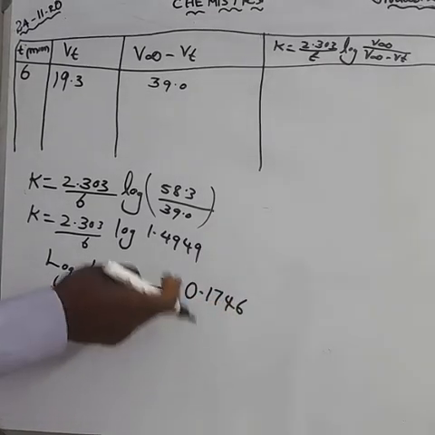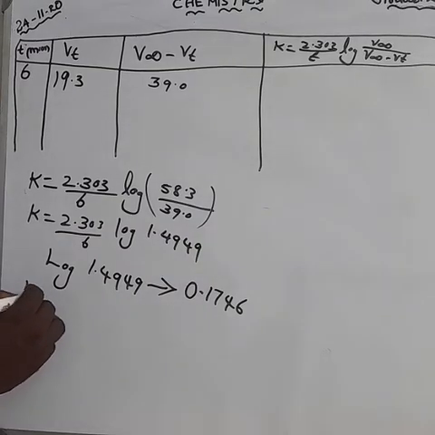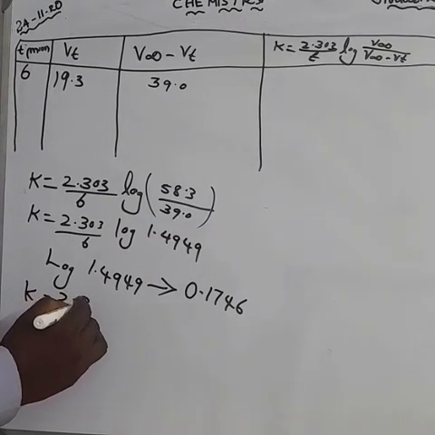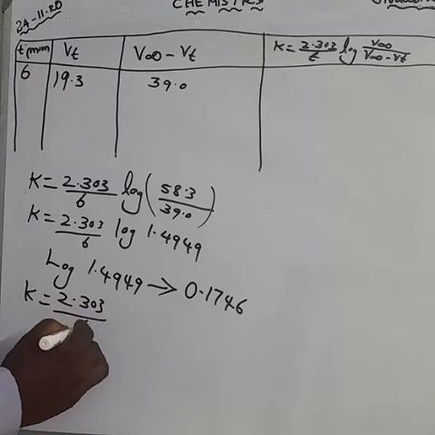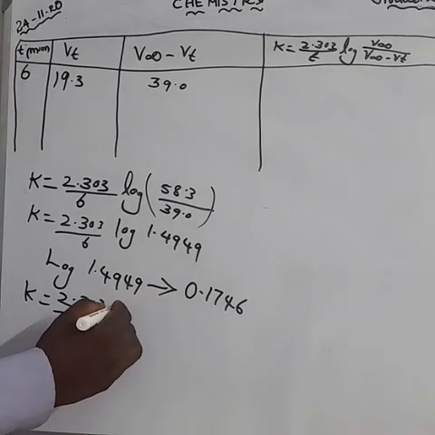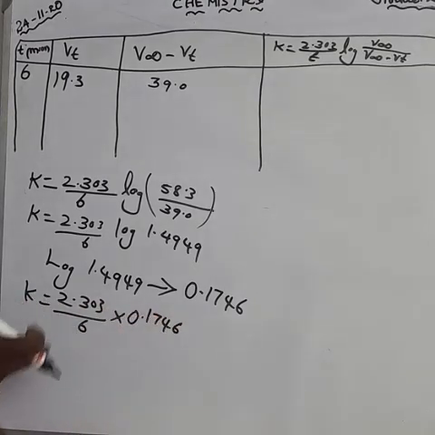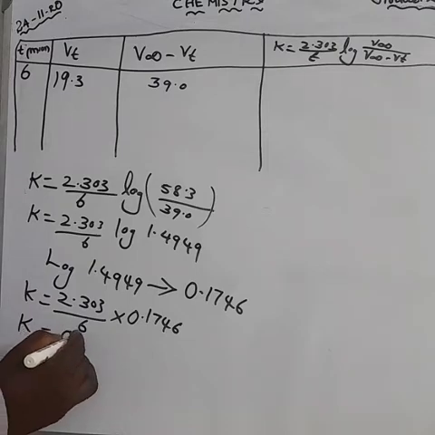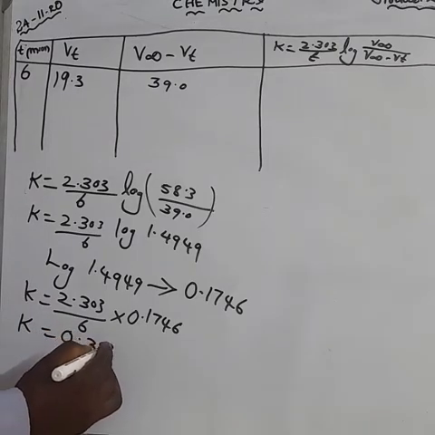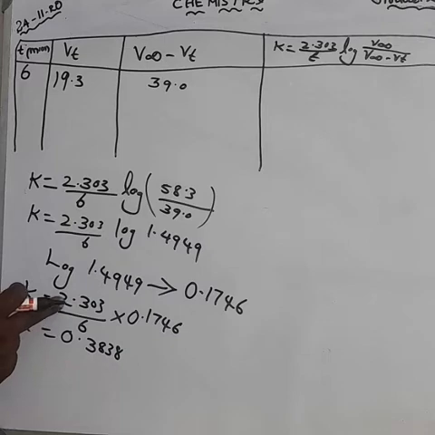When we substitute here, K is equal to 2.303 divided by 6 into the log value 0.1746. Again we divide: 2.303 divided by 6, we get the value 0.3838. What's the value when we divide 2.303 by 6?